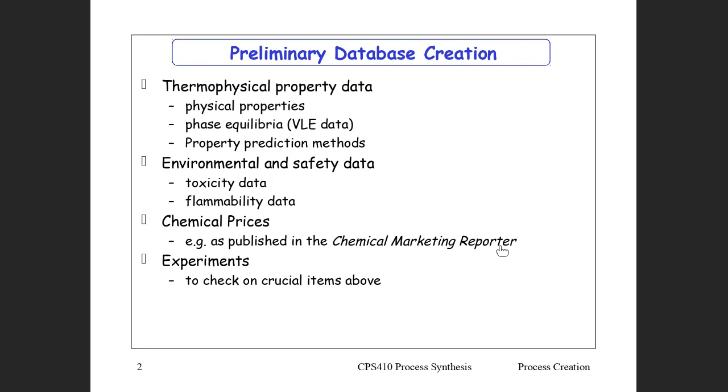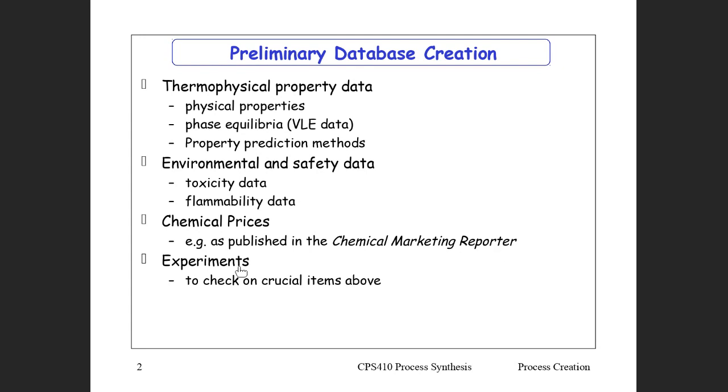Nowadays it's more difficult to get real bulk chemical prices, and certainly you must be careful of using Merck prices. These specialty chemicals are usually analytical grade or something like that, and they will cost thousands of times more than the bulk chemicals that you'll be talking about.